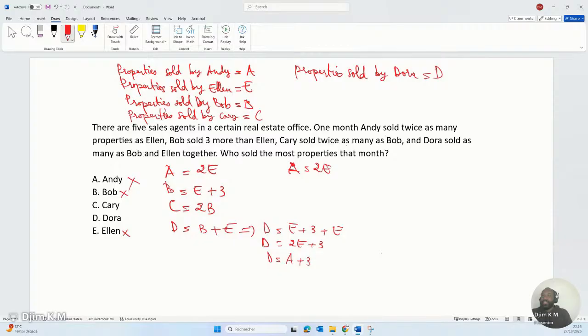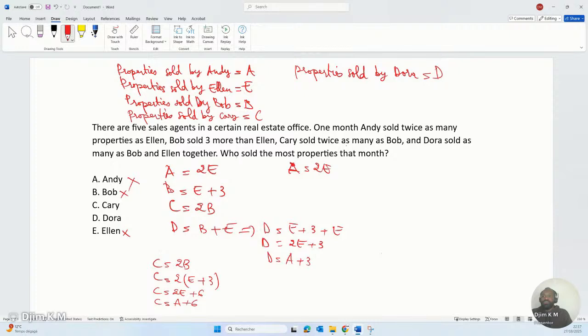So now we have to compare between C and D. We know that C here, Carrie, is 2B. If we replace B, so we have 2 times E plus 3, which is 2E plus 6. C is equal to A plus 6.